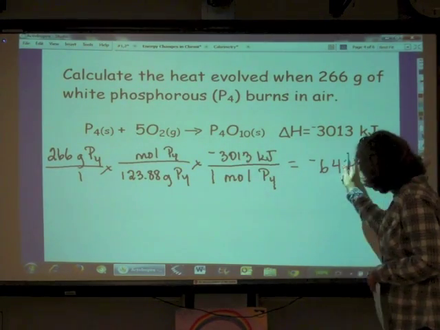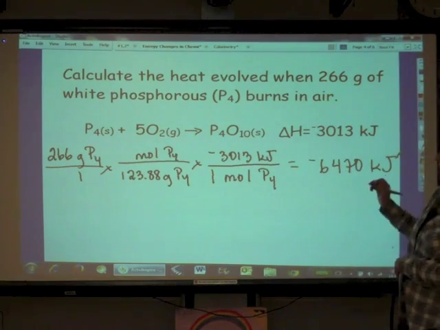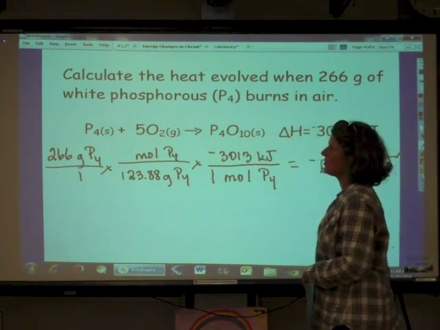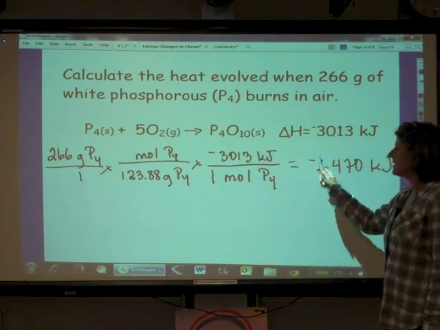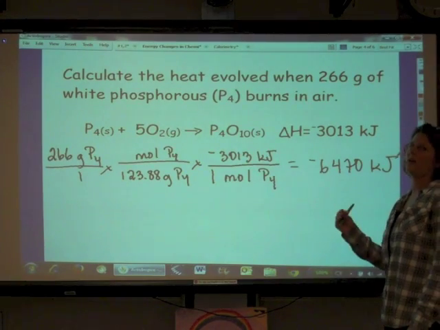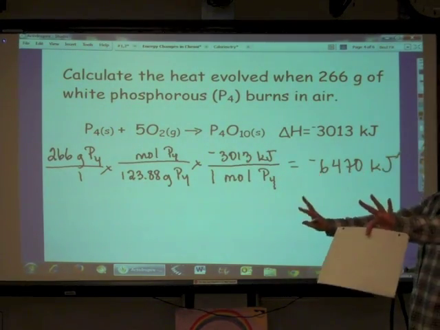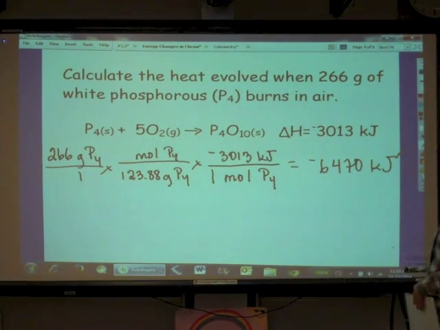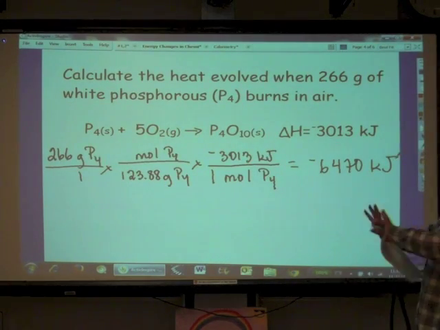So this is the amount of energy associated with burning 266 grams of phosphorus, and because it's negative, we know that energy is being transferred out. It is an exothermic reaction. Okay, so 6,470 kJ evolved, or put out.